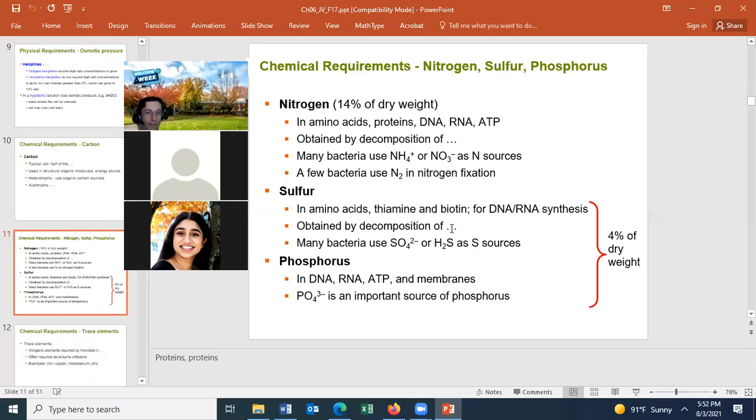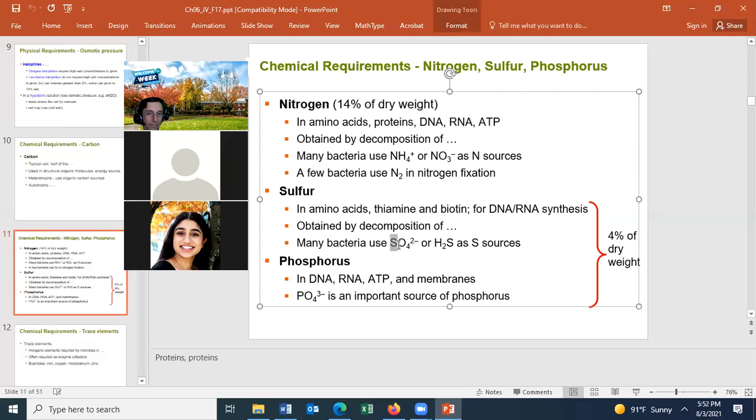Sulfur often is obtained by decomposition of proteins. It's mainly where we get our sulfur from. But green plants and some bacteria can obtain sulfur from sulfate ions or hydrogen sulfide gas. Like E. coli can get it from sulfate ions.